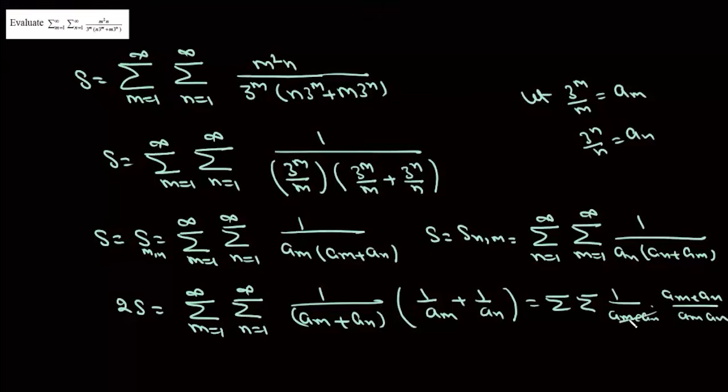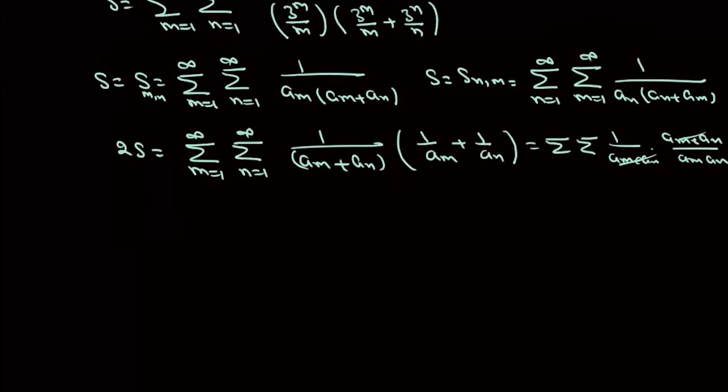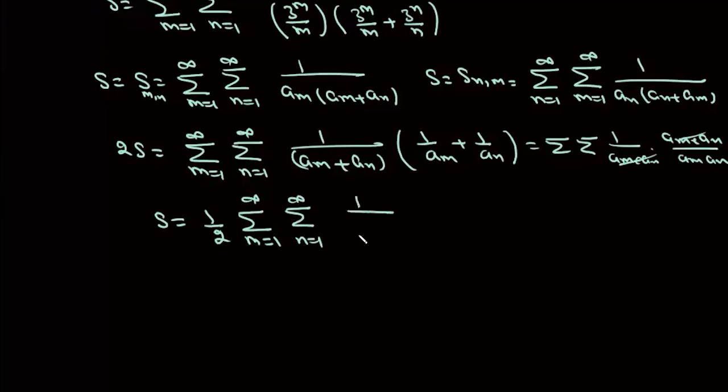Now this am plus an will cancel. So we can write this sum as 1 by 2, this summation n varies from 1 to infinite, summation n varies from 1 to infinite, 1 upon am into an. So basically this is this sum s, and this is 1 by 2.